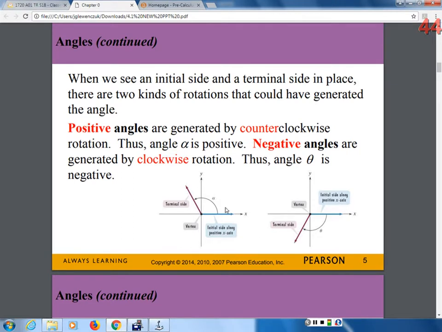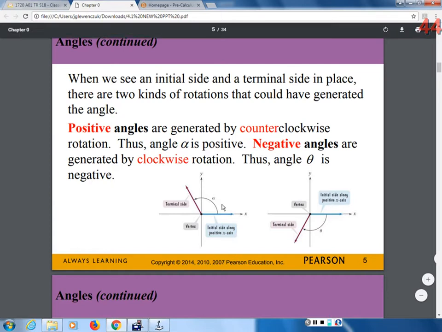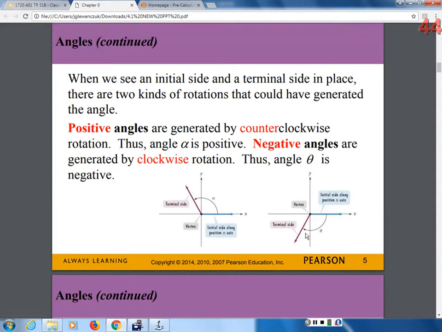Positive angles are generated by counterclockwise rotation. This is a positive angle, alpha. Negative angles are generated by a clockwise rotation, the way your clock goes. Let's use a digital clock. Okay. Thus theta is negative.